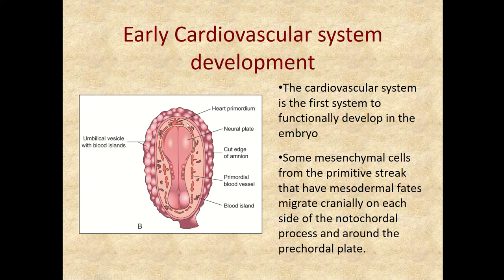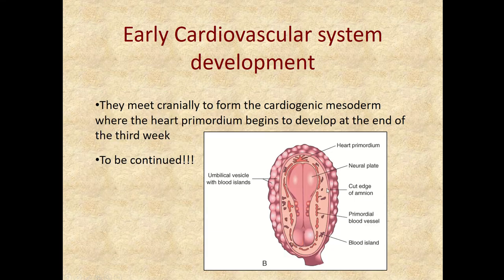That is a region cranial to where the notochord is located, around the prechordal plate, and this is where the heart tube is going to develop into the heart and the great vessels. It's going to change position due to the folding and changing shape of the embryo, but at the very early stages, this is where it's located.